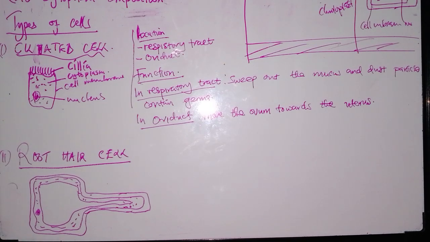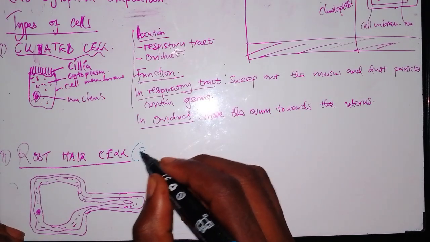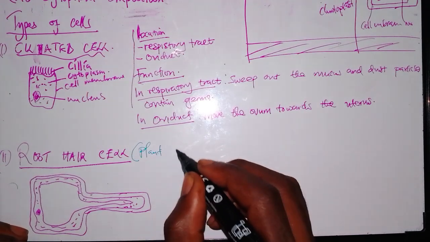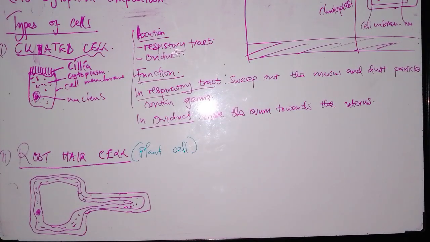Before we name it, I want to tell you that this is a plant cell which has undergone what? Cell specialization. When a plant cell undergoes cell specialization, it becomes a root hair cell. So what are some of the changes?